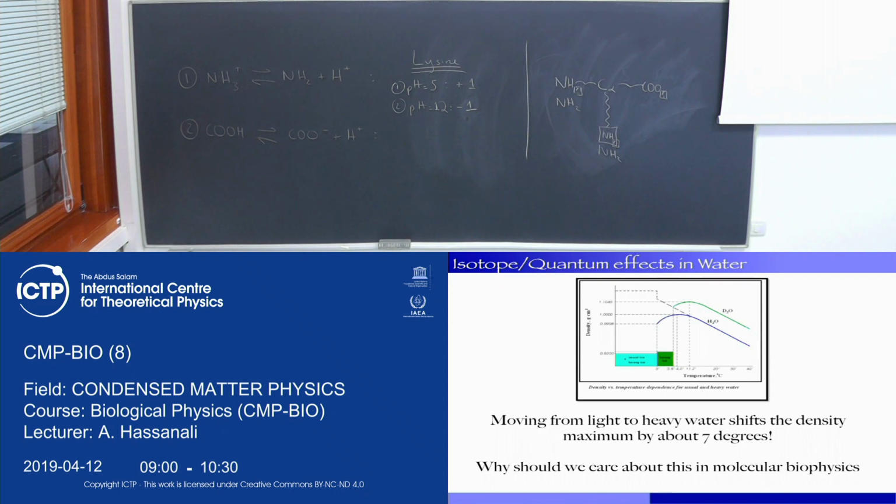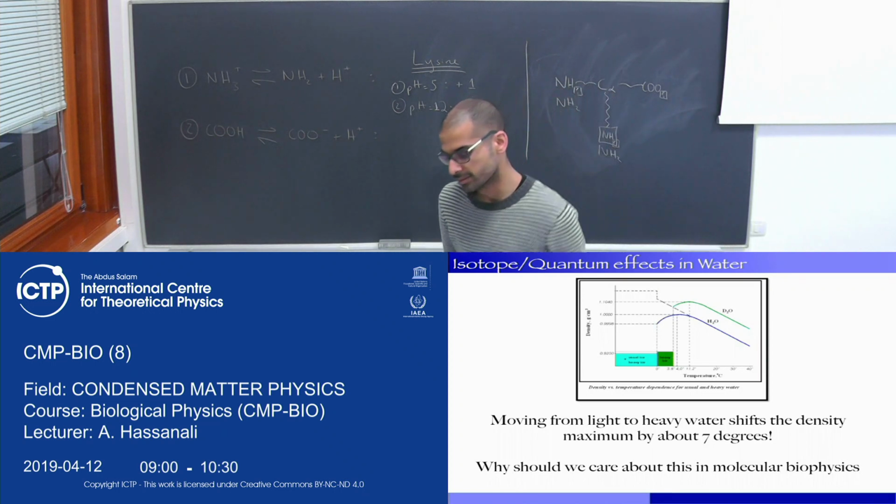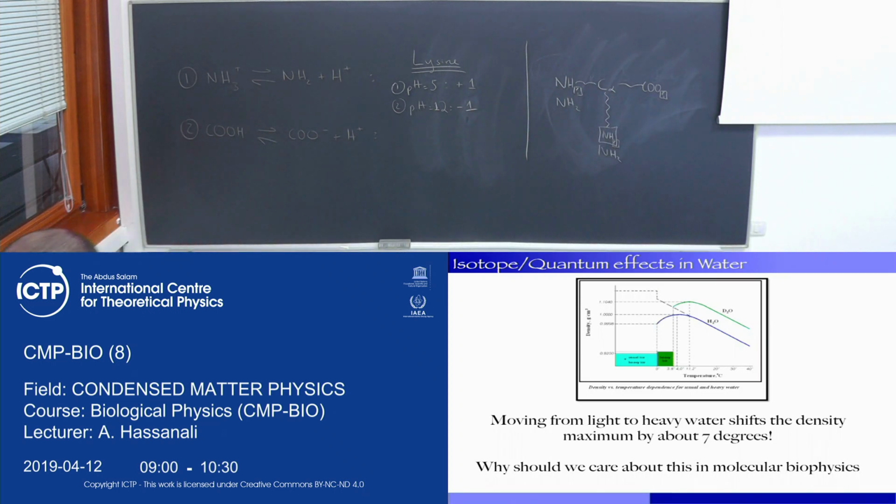Okay, so this is saying something. It's saying something about the role of quantum effects. By quantum effects, I mean things like zero-point energy, so h bar omega. So h bar is playing a role here, and you'll see why. Okay?